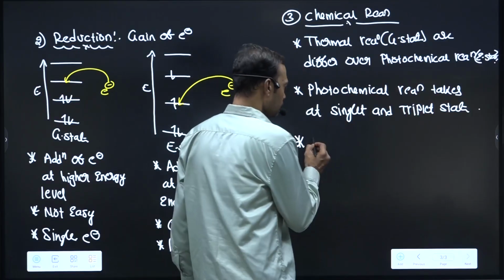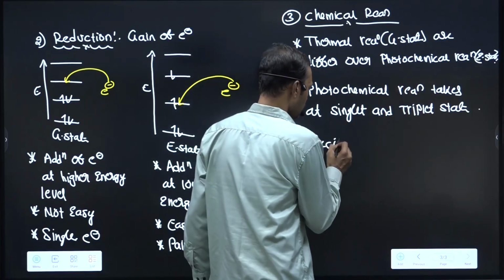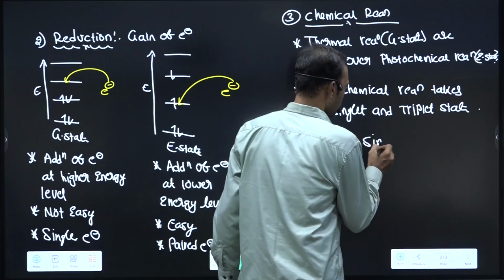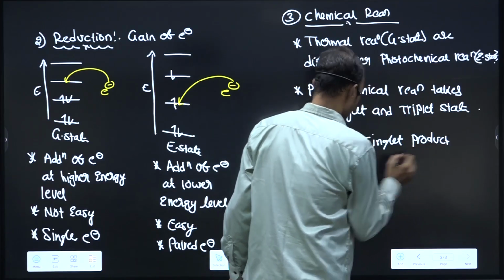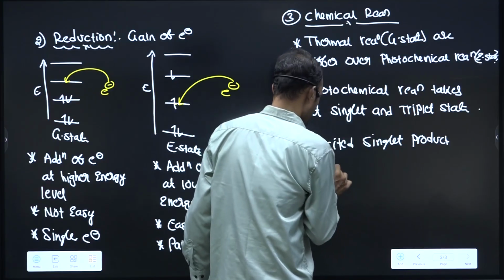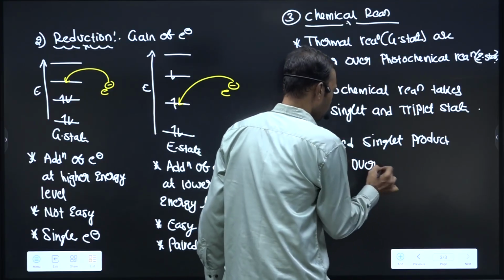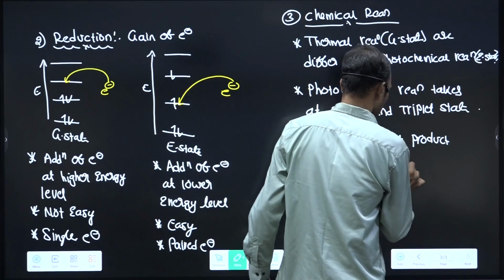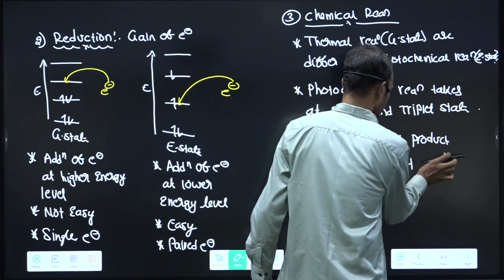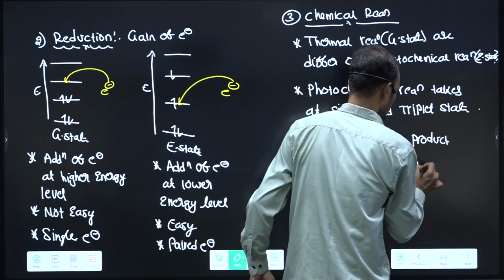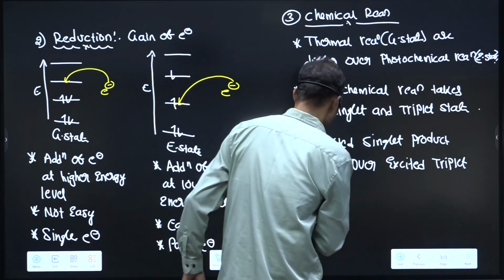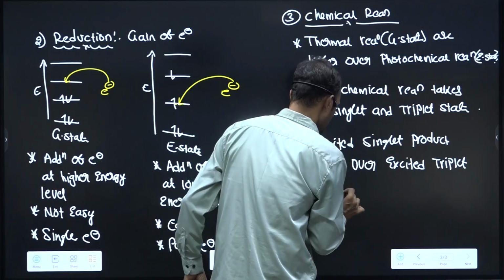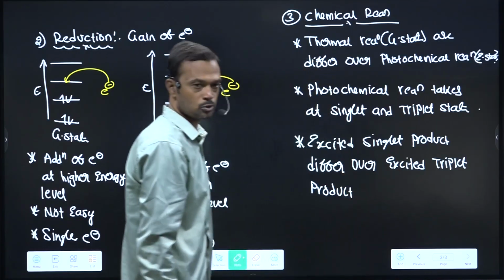So excited singlet products are different from excited triplet products, which means three types of products are possible.